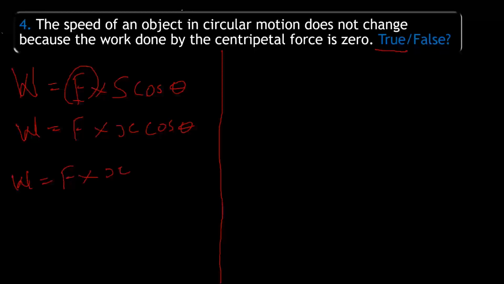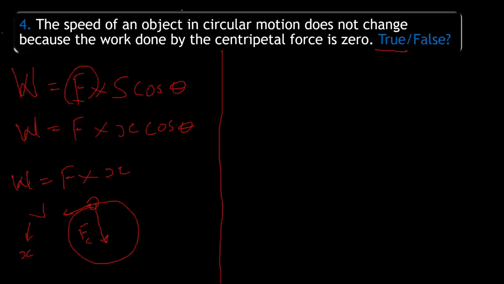But in the case of a circular motion, this is a body undergoing circular motion. The speed or the velocity is at right angles to the centripetal force or the centripetal acceleration. And remember that speed and displacement or the distance are parallel.